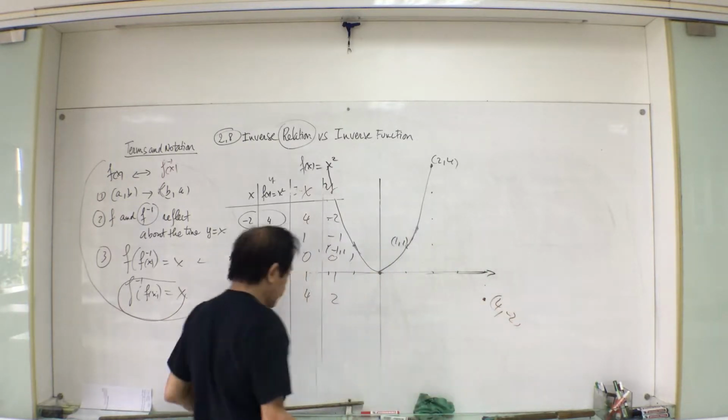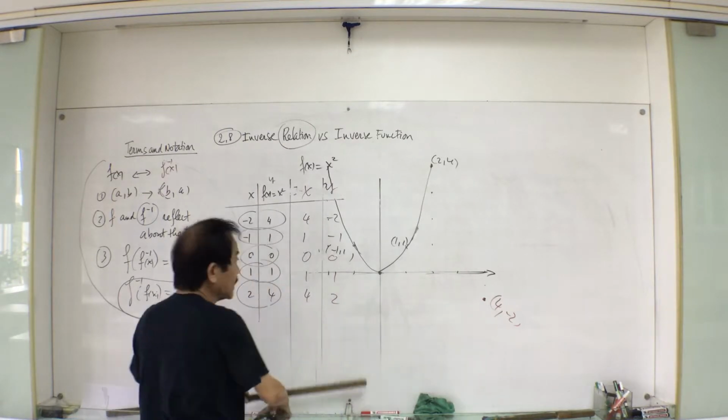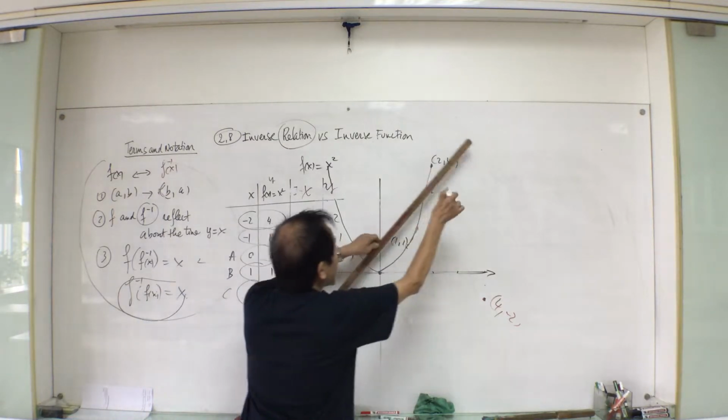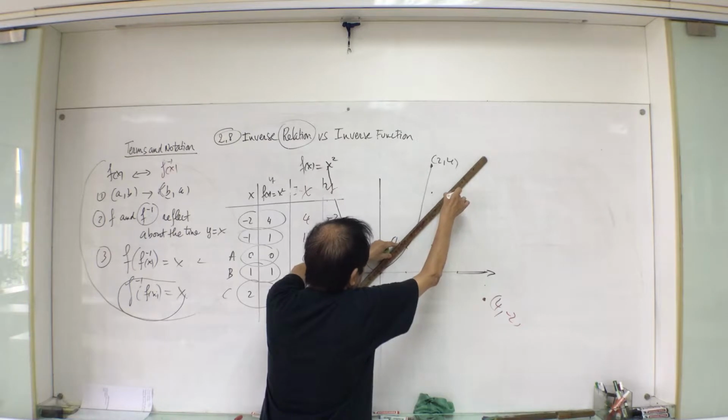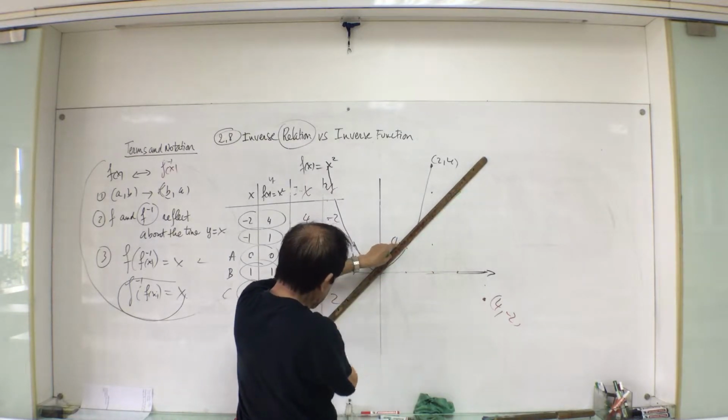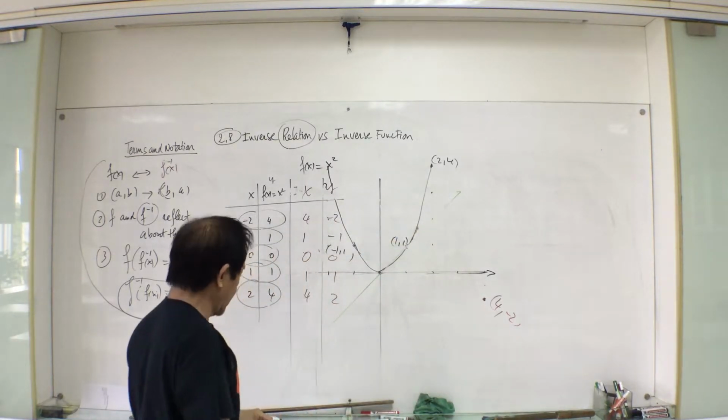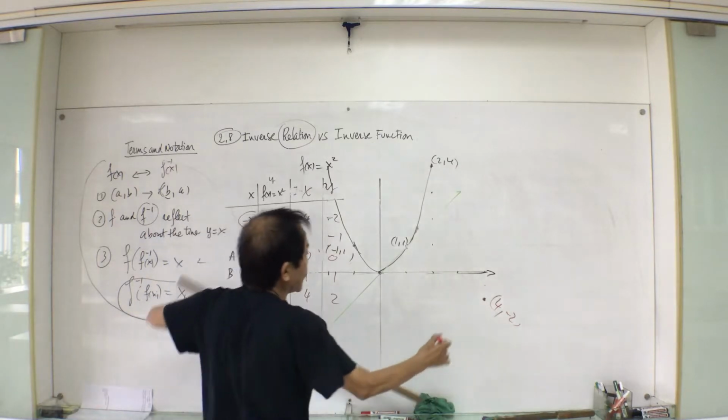So now I check with the line y equals x to see if it is reasonable. I have the inverse function if it reflects correctly. Let me see if it reflects from here to here.